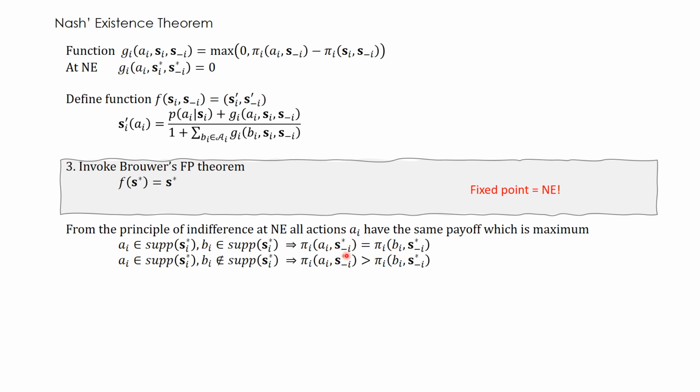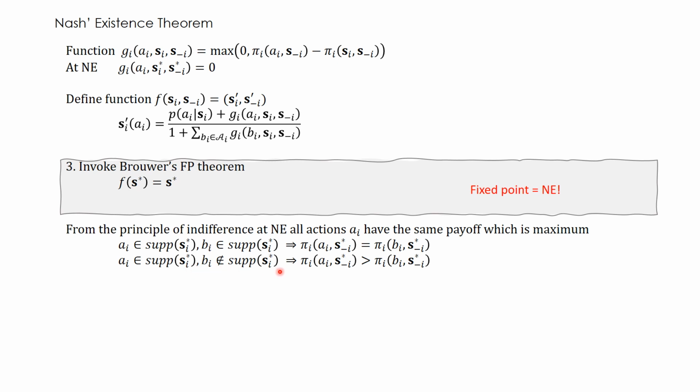The opponent agents are playing the Nash equilibrium joint strategy. On the other hand, suppose AI lies in the support of S star I, but BI does not.